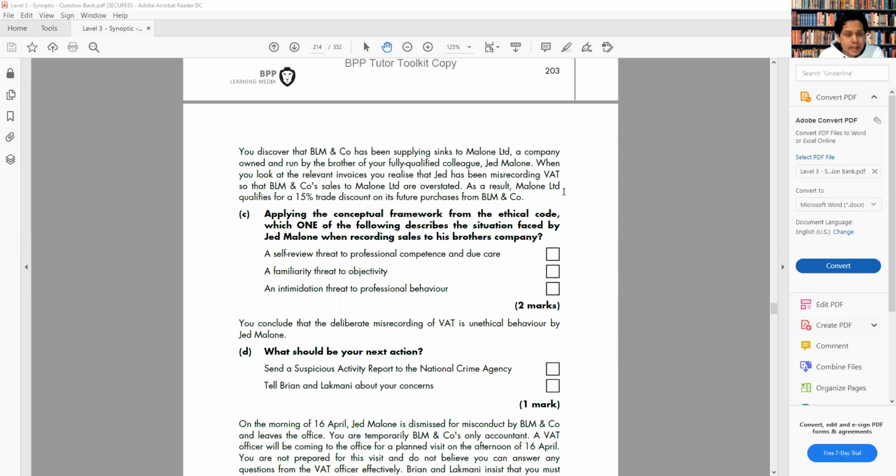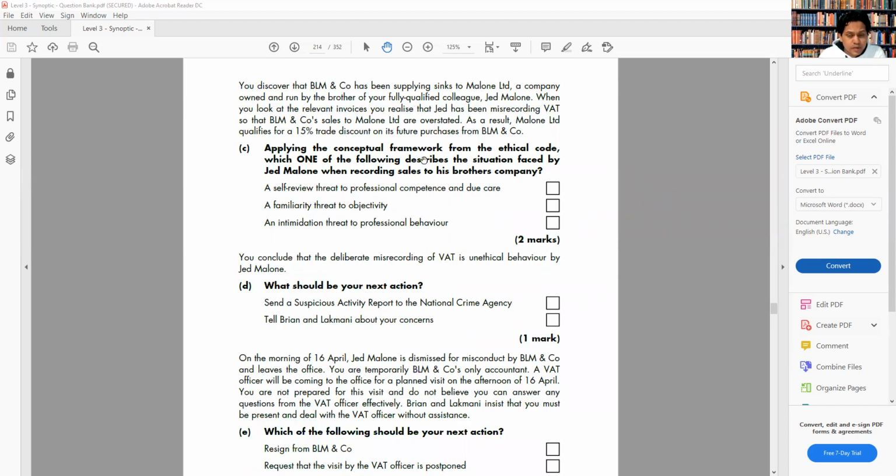As a result, Malone Limited qualified for a 15% trade discount on future purchases from BLM and Company. So basically, he is the brother, and he tried to overstate the invoice so that Melon Limited can get a 15% trade discount from BLM. So you identified that.